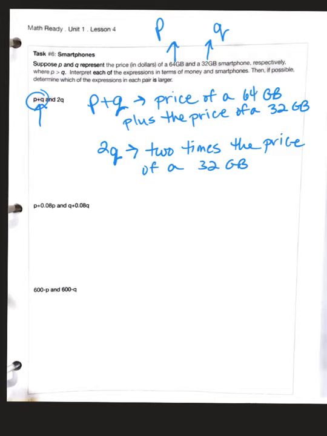Okay, and moving on to the last task in this. For each pair of expressions below, without substituting in specific values, determine which of the expressions in the given pair is larger. Explain your reasoning in a sentence or two.